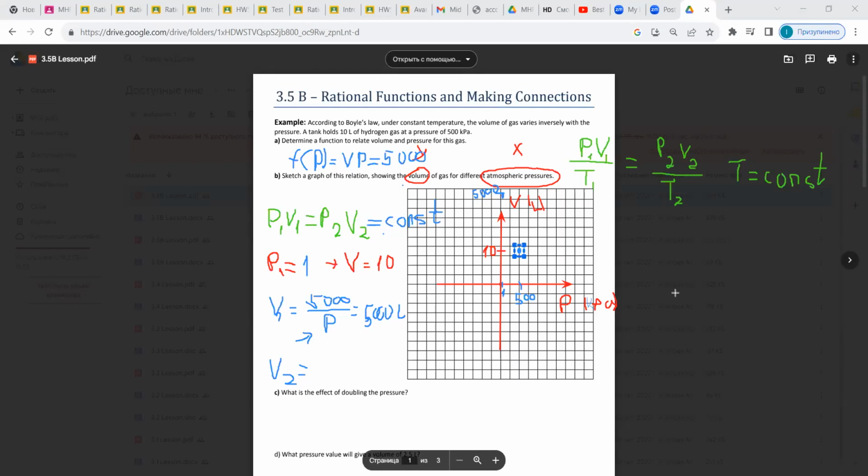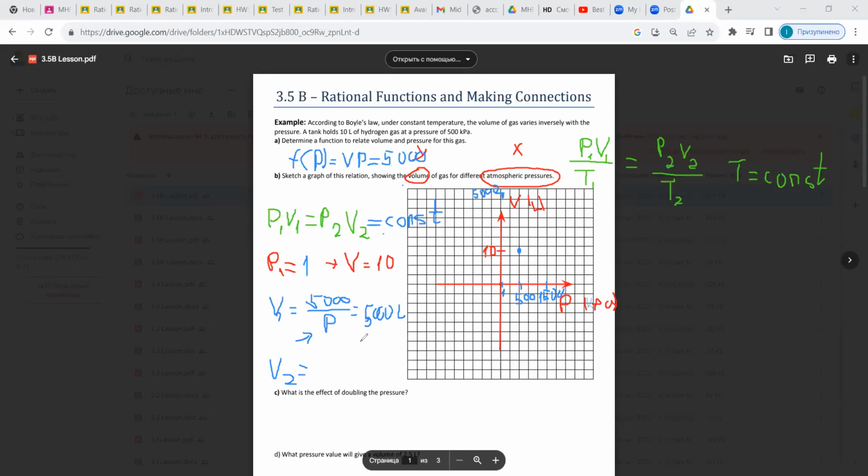So this is our second point, and I suggest we choose the third point as 1,500. What would you say? So now pressure is 1,500 kilopascals.